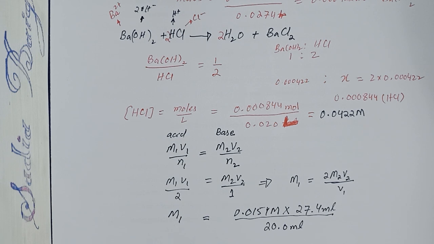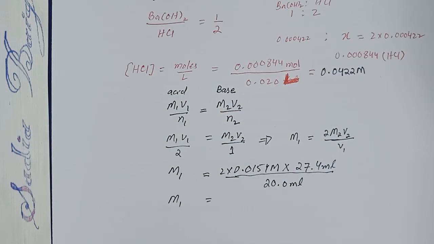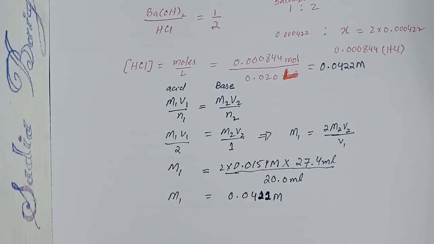So in this method we don't need to change the volume into liters. So this shortcut must give the value of molarity of HCl directly, that is equal to 0.0411 molar.